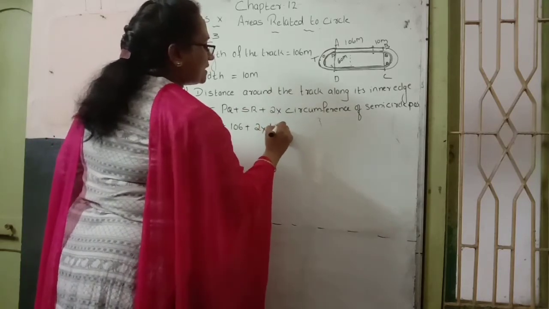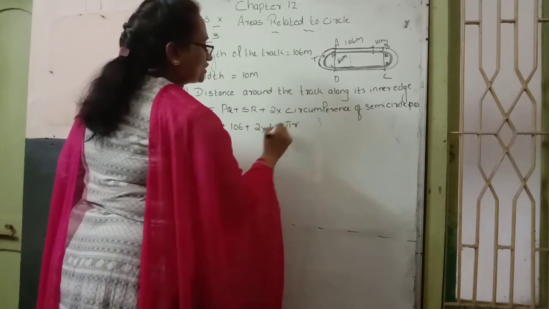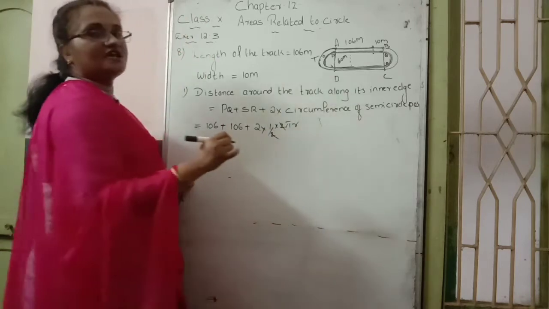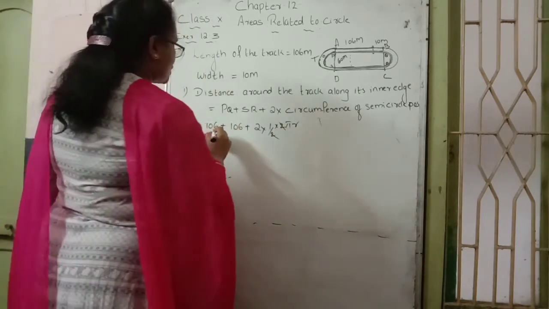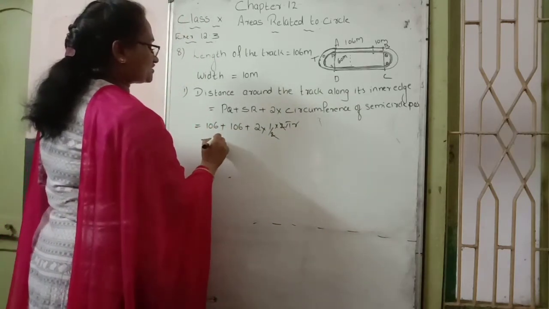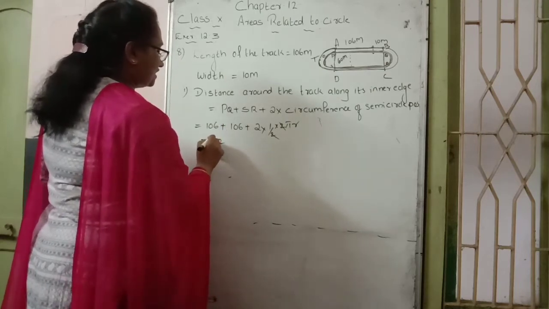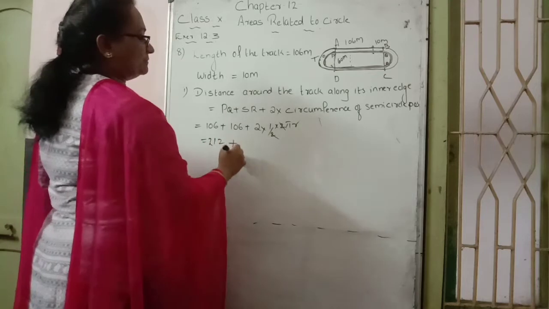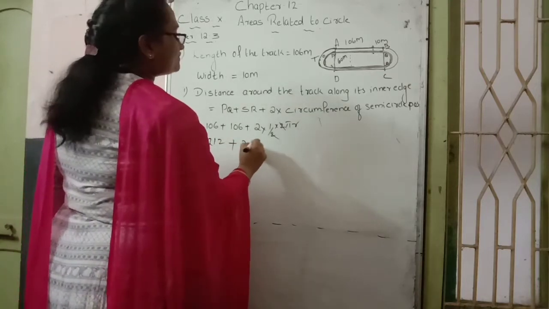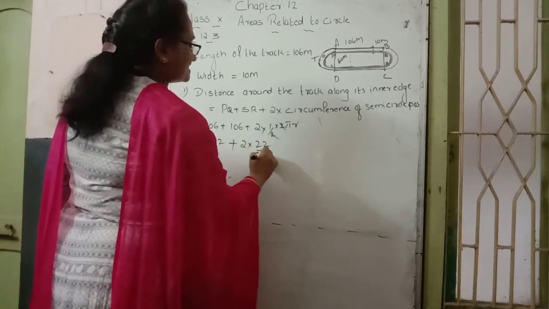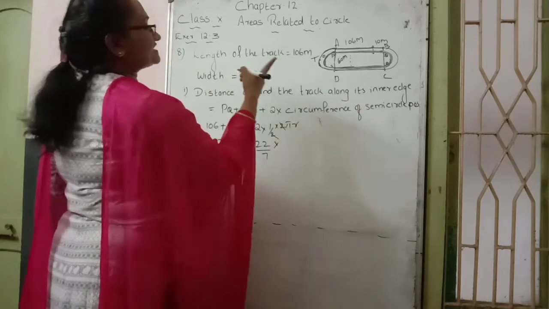The formula for the circumference of a semicircle is half into 2 pi r. The 2 cancels, so pi r remains. So 106 plus 106 becomes 212, plus 2 into pi, that is 22 by 7, into the radius.